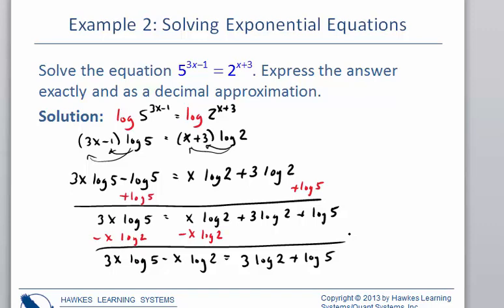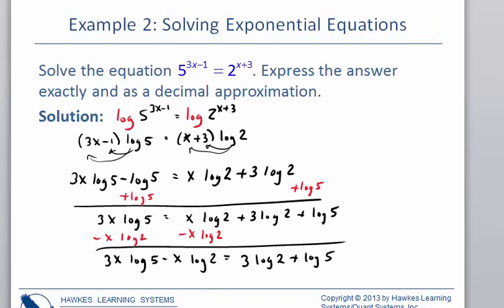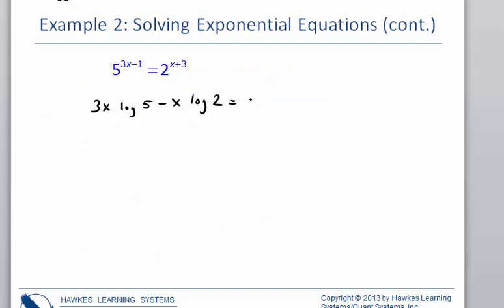Let me go to my next slide just so I have some room, and write down where we're at. 3x log 5 minus x log 2 is equal to 3 log 2 plus log 5. Okay, all right, so that's where we left off.